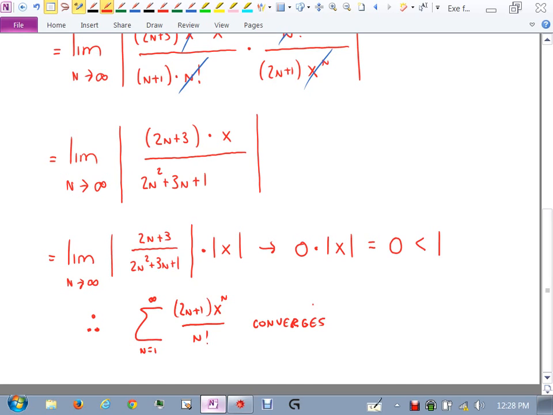That means this thing converges for all real values of x. You could say that a couple of ways: from negative infinity to infinity, or double struck capital R, which means all real numbers.